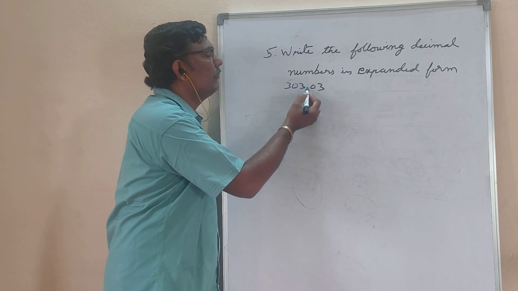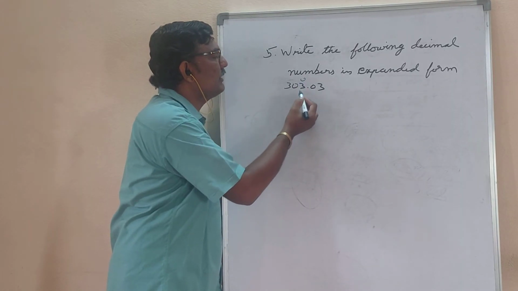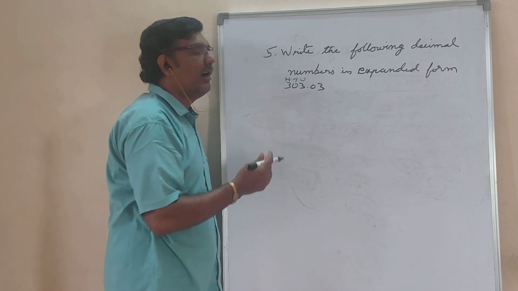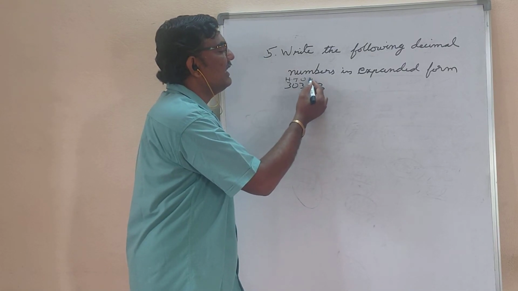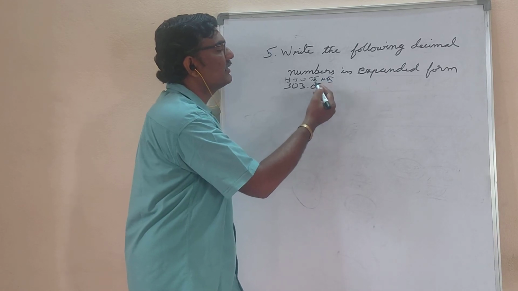Just before the point is the units place, then the tens place, then the hundreds place. After the point is the decimal part, so it is the 10th place and the 100th place.